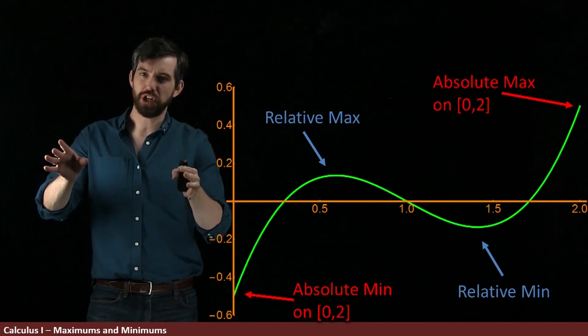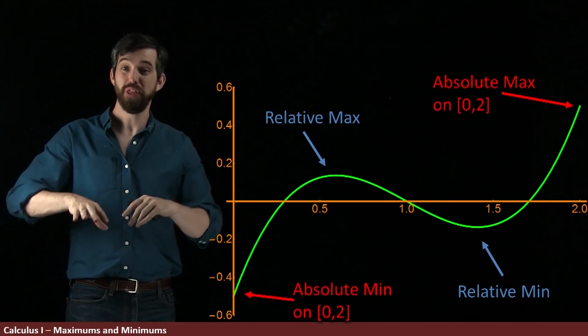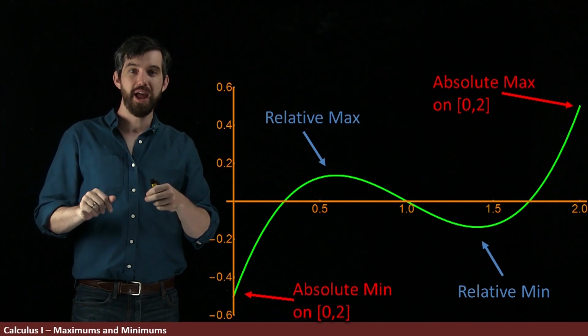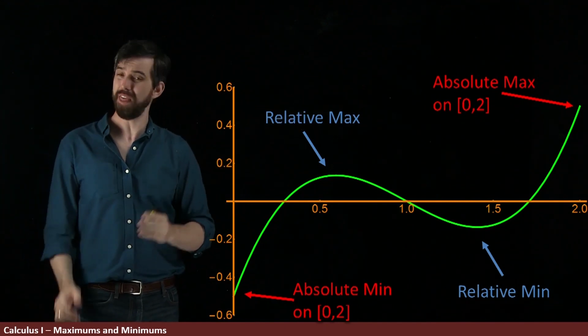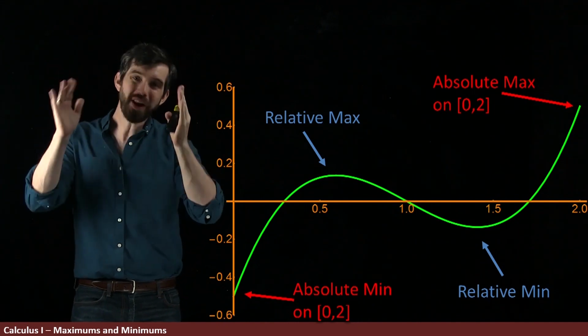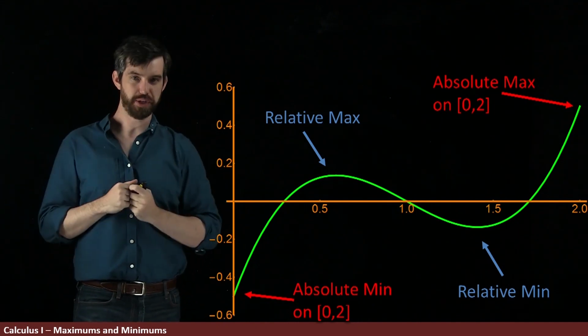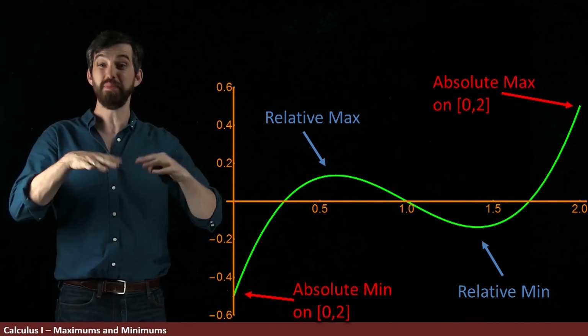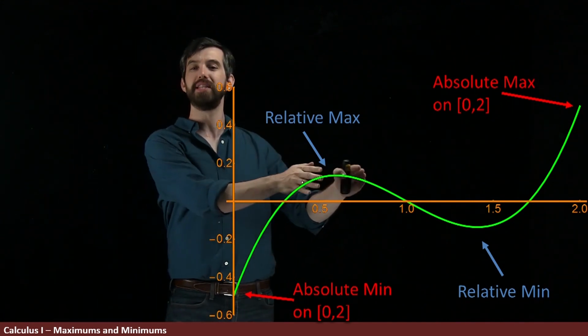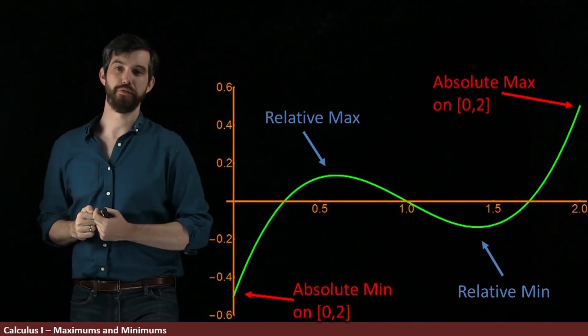So we have a distinction between maxes and mins. We've got the local or relative ones, and then we have the absolute, or sometimes called global, maximums and minimums. And they're on an interval, and you figure out what is the actual biggest and actual smallest on this interval. Meanwhile, the relative mins and maxes are maximums and minimums, but only on some sub-portion of this interval.